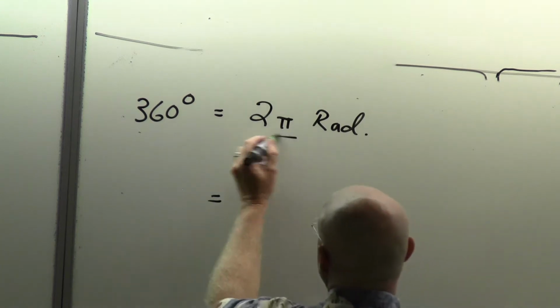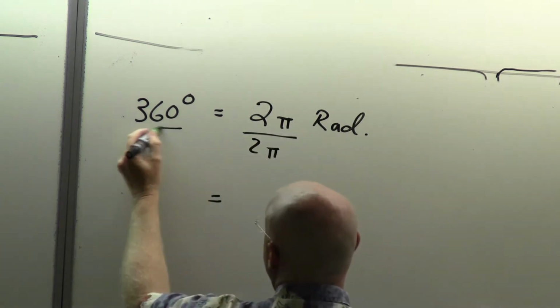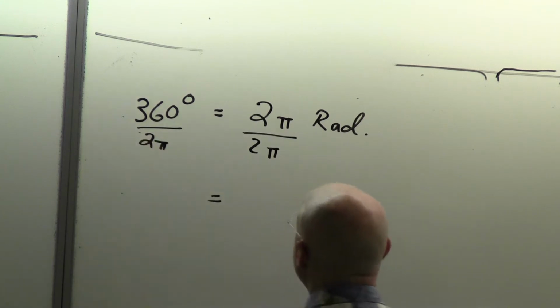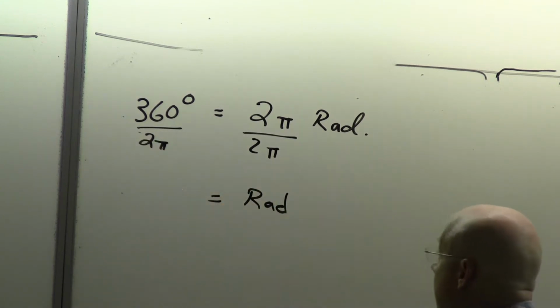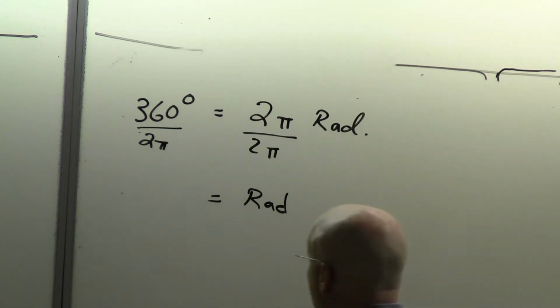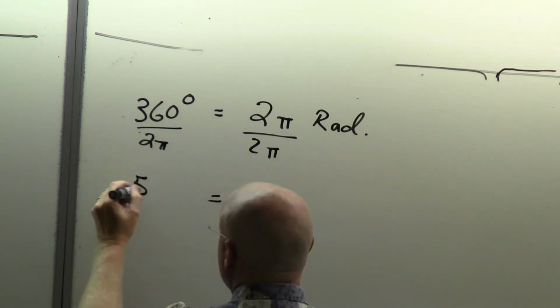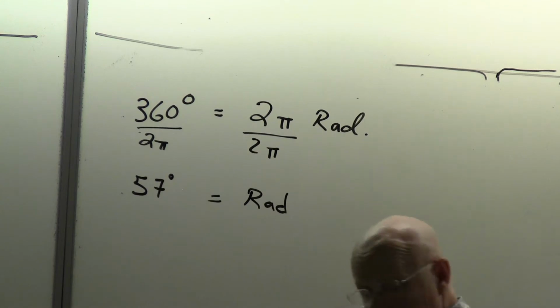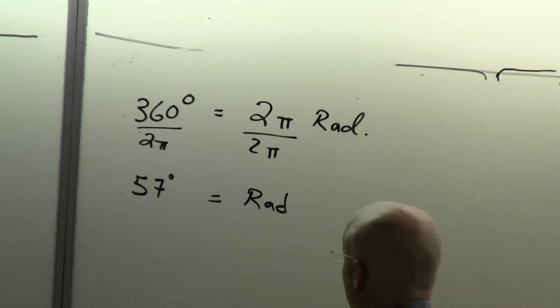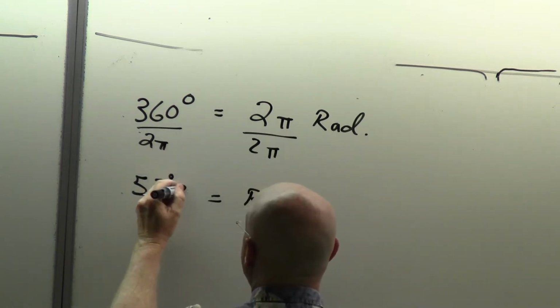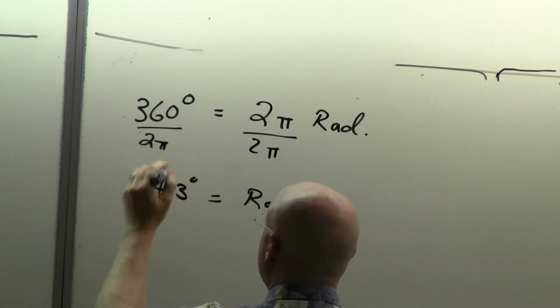And then if you divide both sides by 2 pi, on this side you get a radian. And on this side, you must get something very close to 57, because that's kind of the standard to memorize. 360 divided by 2 pi is 57.3, to be a little more accurate.